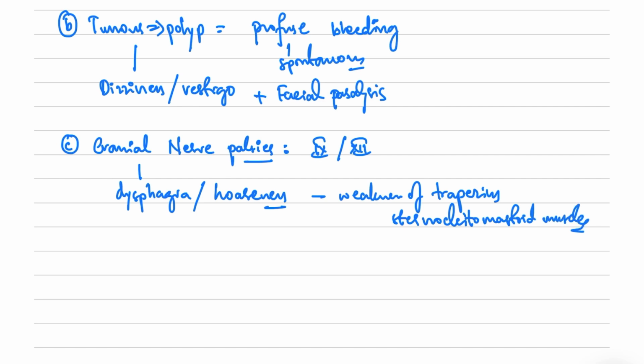So this is what happens. Sometimes you can also hear an audible bruit over the mastoid due to the pulsation of the glomus tumor.